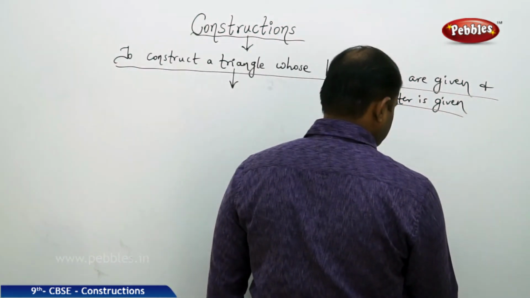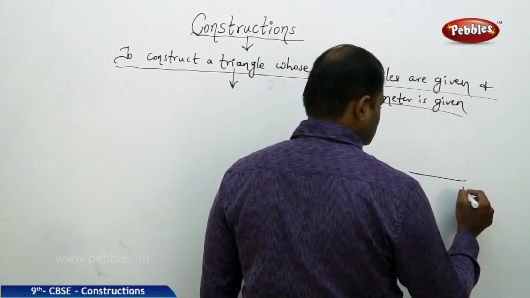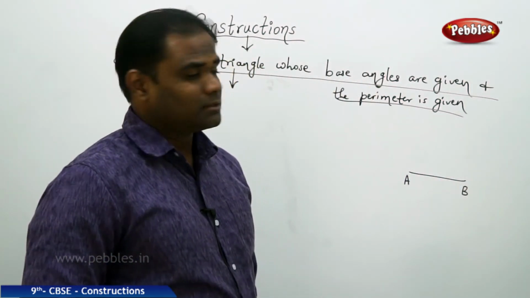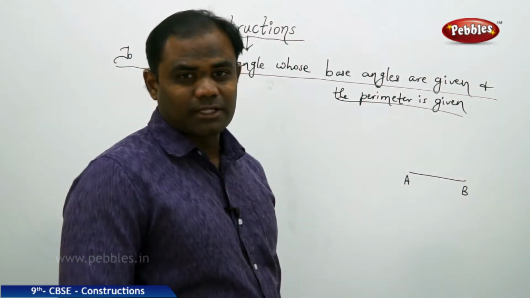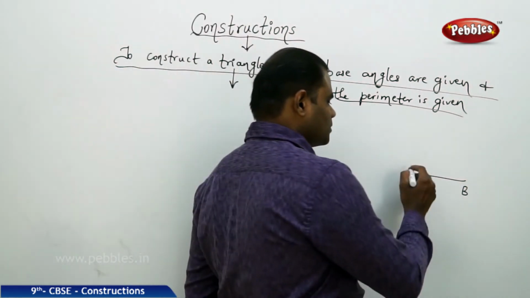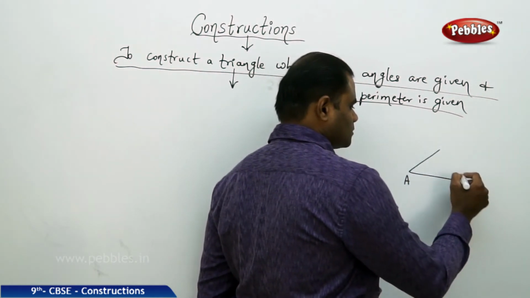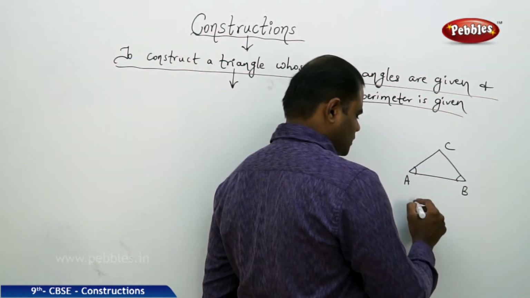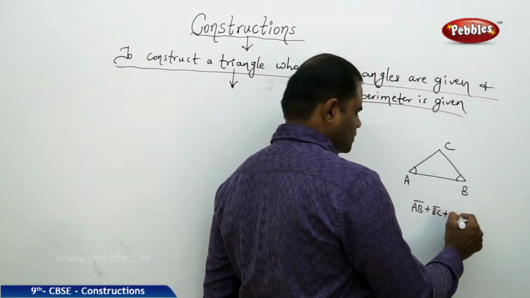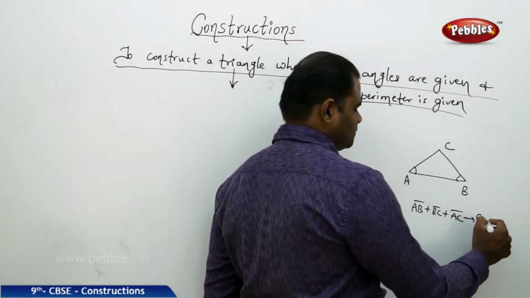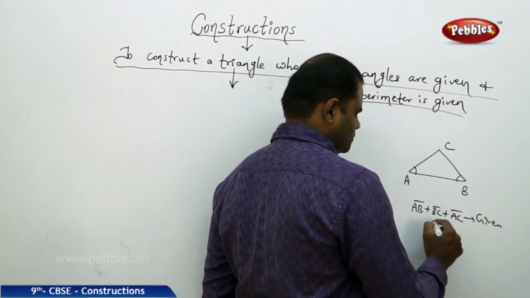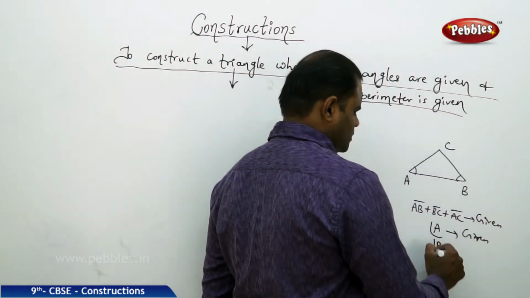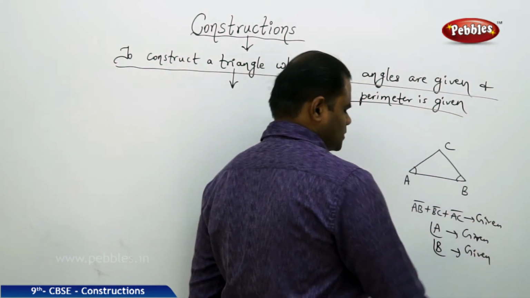So here, if I assume a triangle, we have only the base angles which are given, but we don't have the length. So we cannot assume the length, but we assume that the base angles are given and AB plus BC plus AC is given, angle A is given, and angle B is given.